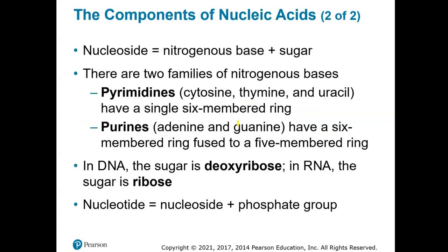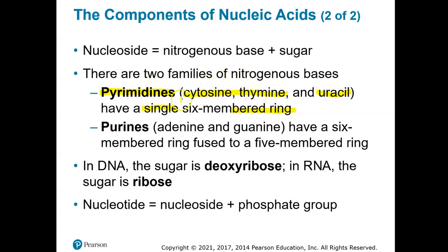Okay, so there are two types of nitrogenous bases. There are pyrimidines, which have a single ring in their structure, and the pyrimidines are called cytosine and thymine in DNA, and RNA would contain uracil rather than thymine. So RNA would contain cytosine and uracil. DNA would contain cytosine and thymine.